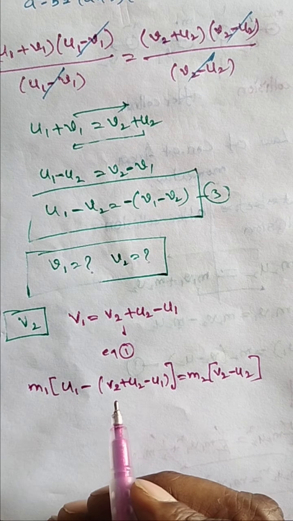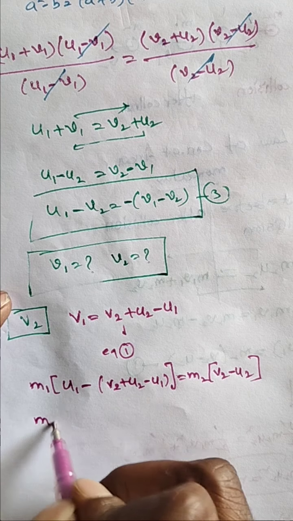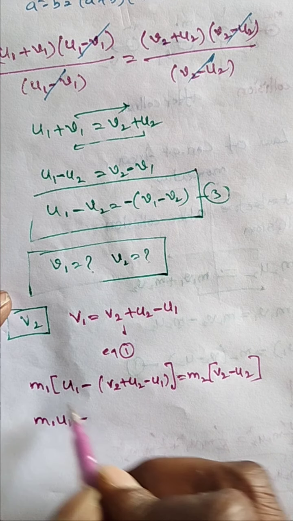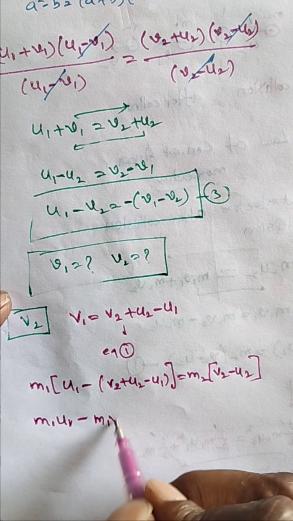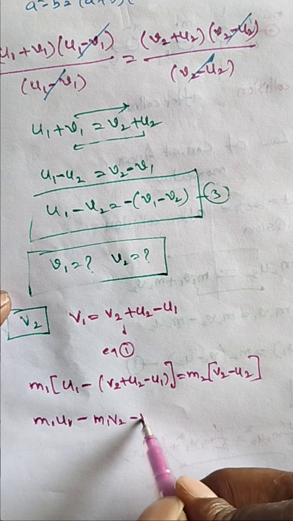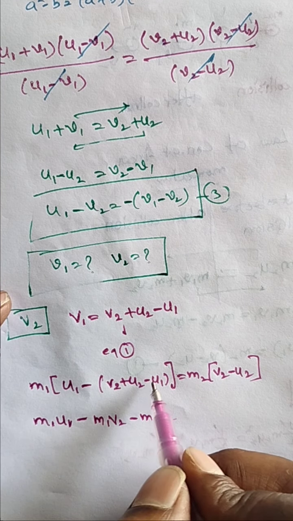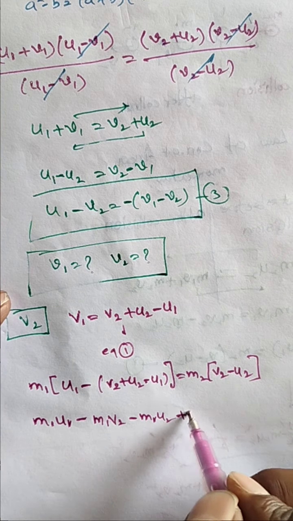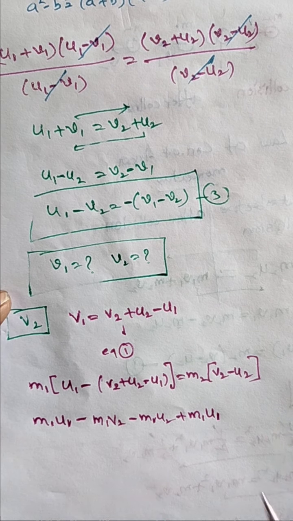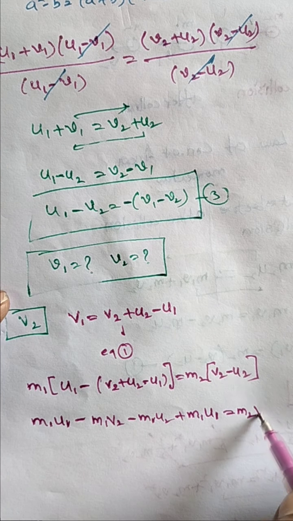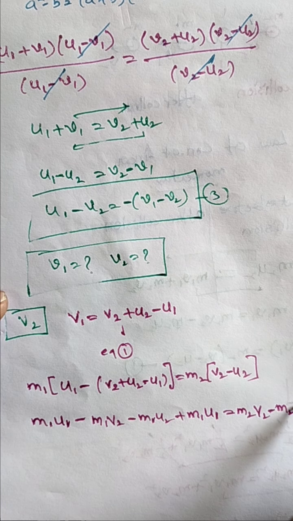Okay, so therefore here: m1u1 minus m1v1 minus m1u2 plus m1u1 is equal to m2v2 minus m2u2.